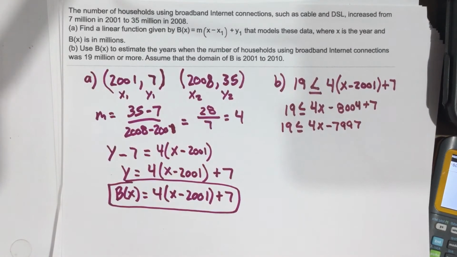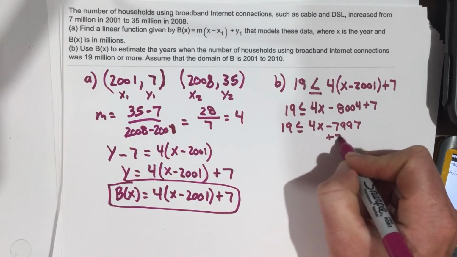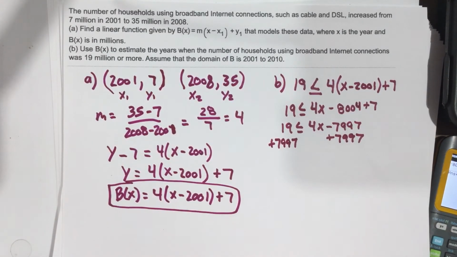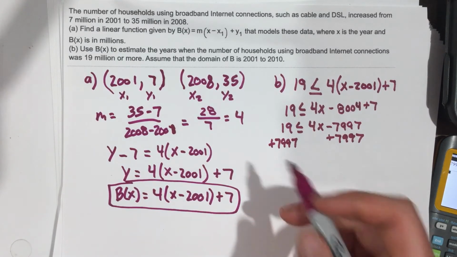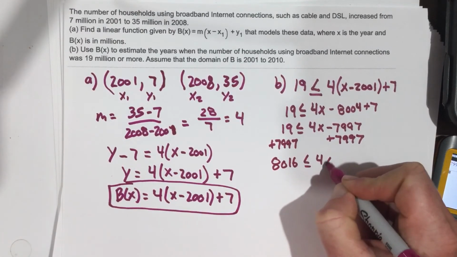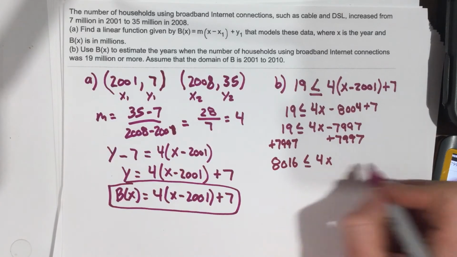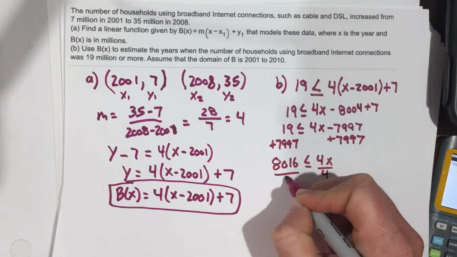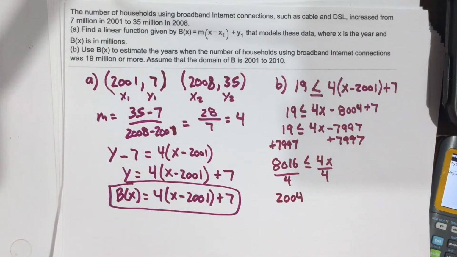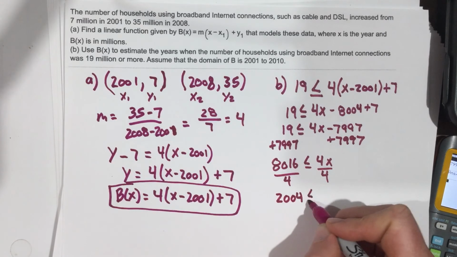So we're going to say plus 7,997. And 7,997 plus 19 gives you 8,016 less than or equal to 4x. Finally, we're going to divide by 4. And that should give you 2004 less than or equal to x.